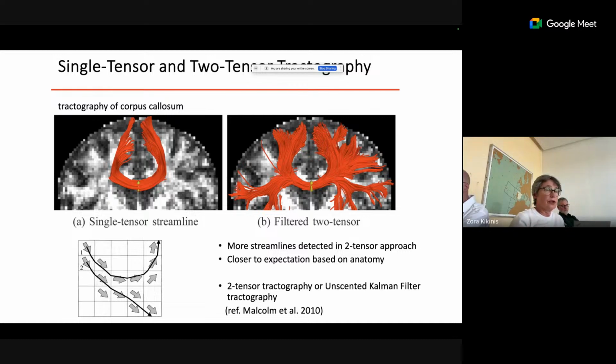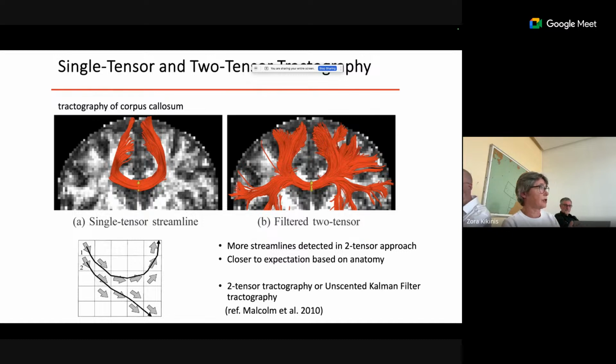When you move forward to two tensor tractography, it's more computation intense, and it really cannot be done on the spot. We do like the two tensor tractography because, as you can see between the two pictures, left and right, on the right side the two tensor tractography really detects many more streamlines. It detects many more streamlines because the limitation of single tensor tractography is in areas where the tracks are fanning out or crossing.